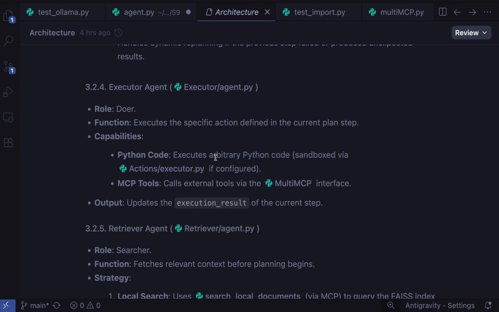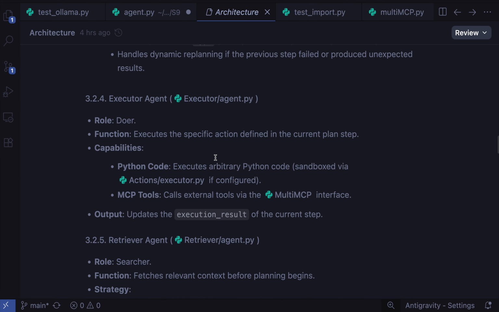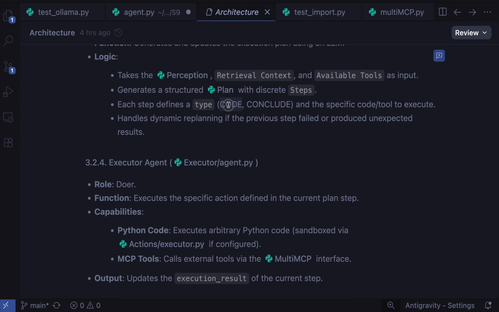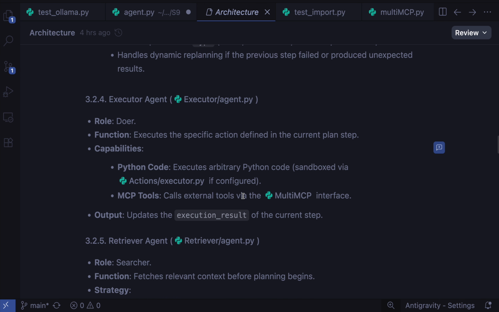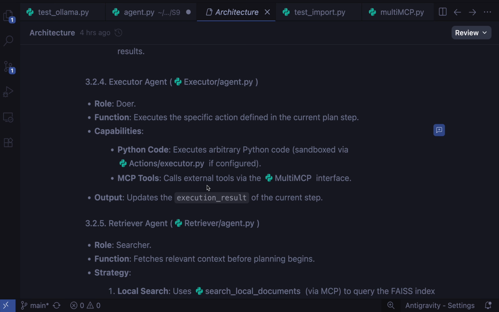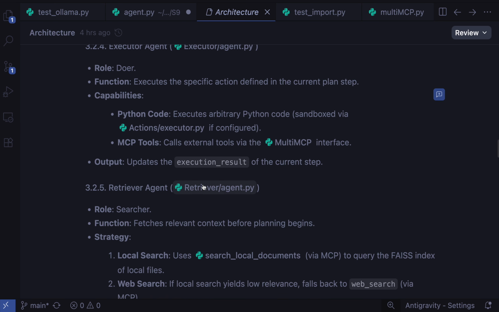Then comes the executor agent. It runs the Python code. If the decision has generated a plan which is code, it takes the code and runs it in the sandbox. It can also call MCP tools whenever required, and then updates the execution result.